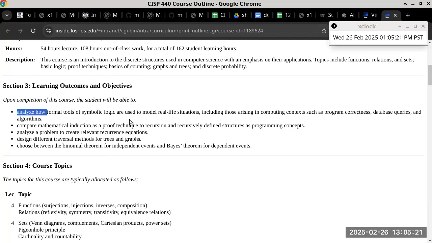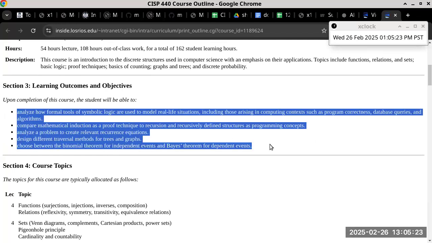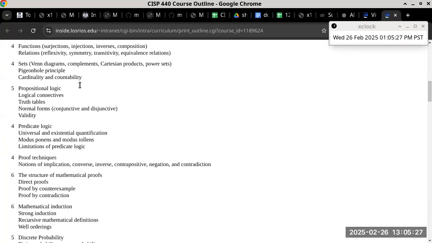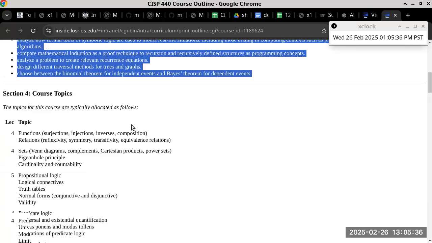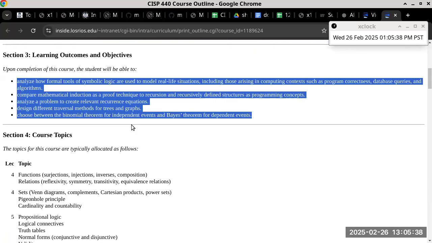The whole thing has a bunch of learning objectives, which are fairly high-level descriptions of what you're supposed to learn, followed by a bunch of topics: sets, propositional logic, predicate logic, and so on. So at some point, I can probably copy and paste this to ChatGPT and say, ChatGPT, can you give me an outline of a 16-week semester and what I need to go over each week?